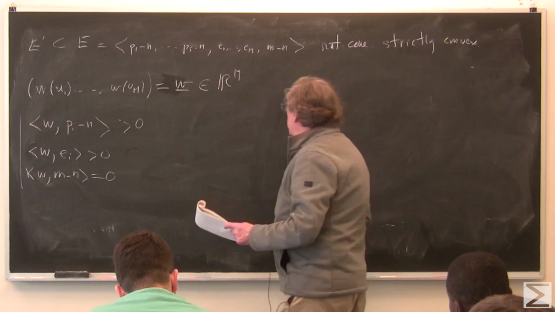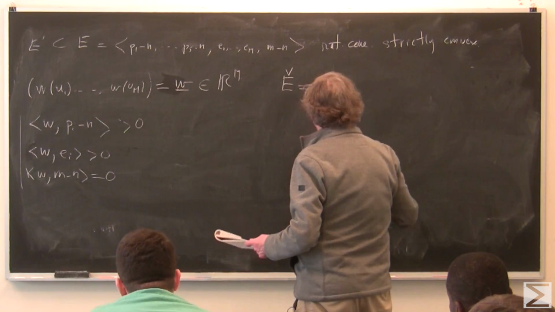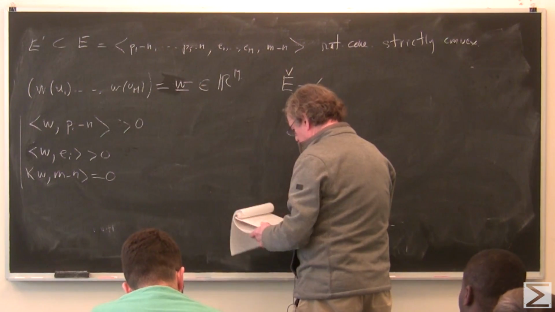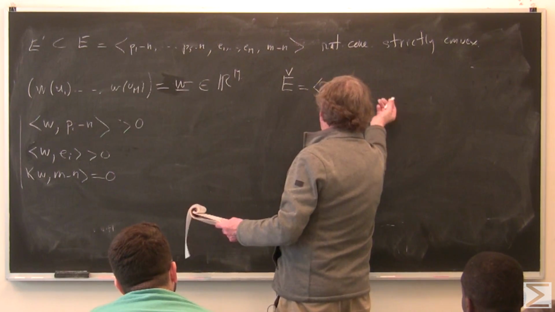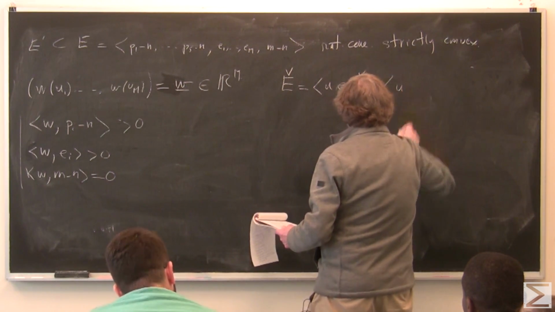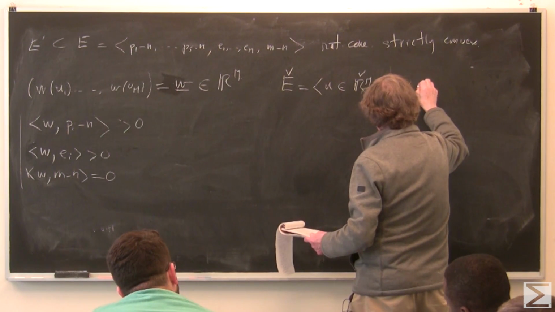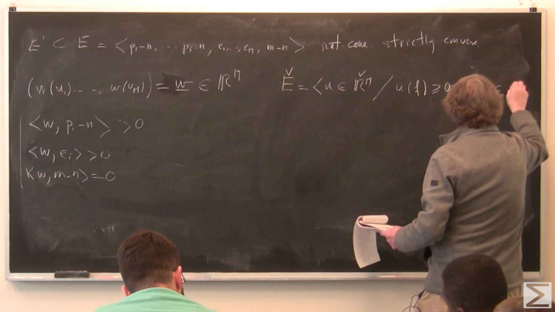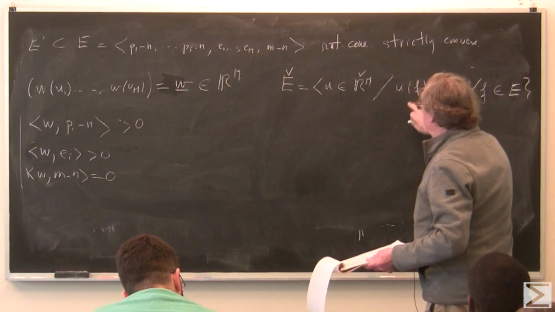Okay? So we take the convex dual. What did I call it? We take the convex dual, which is the set of vectors in the dual space, let's say U, in Rm dual, such that U of F is greater than or equal to 0 for all F in E. So F and E, those are now no longer integral points.